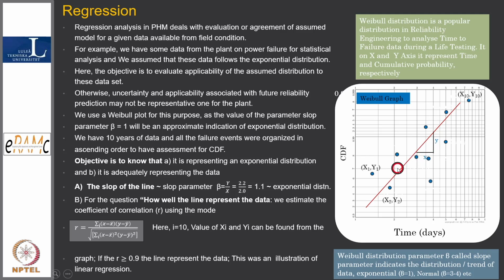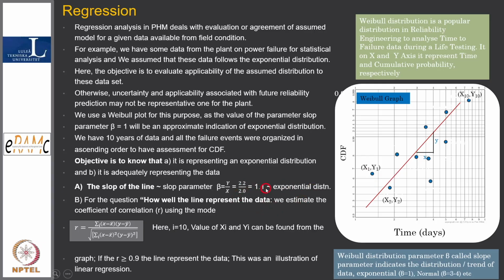So this will be 1, so that means beta is equal to y by x. If it is around 1, it is an exponential distribution. Isn't it beautiful to get an idea from the data about a distribution?